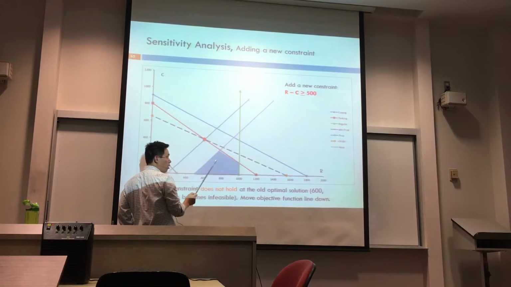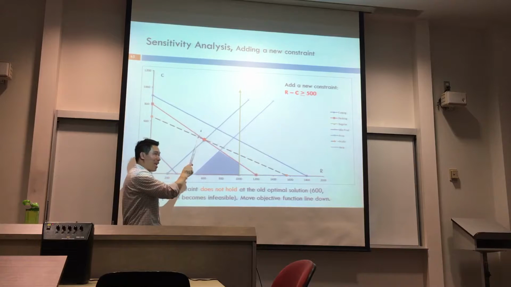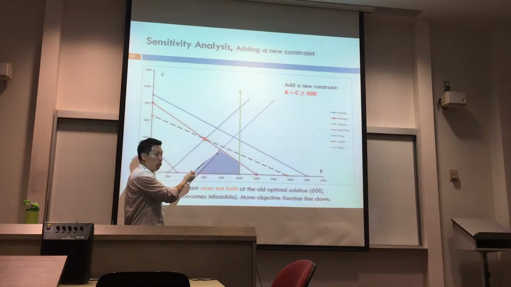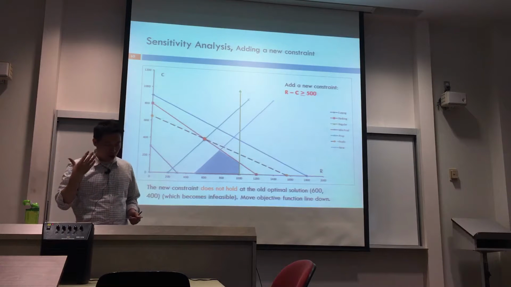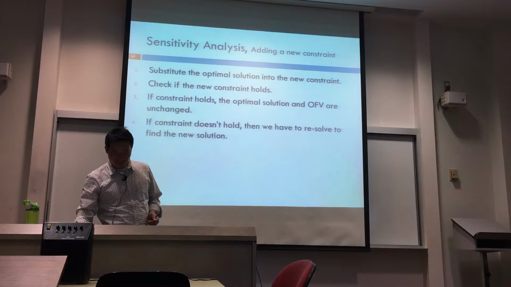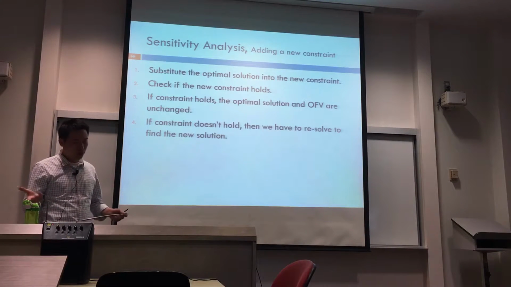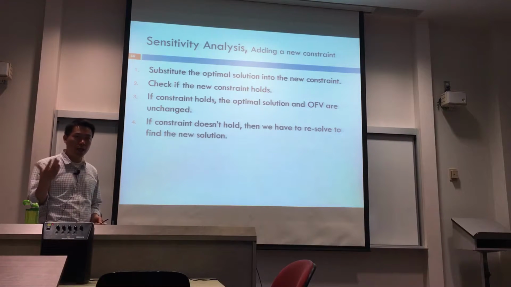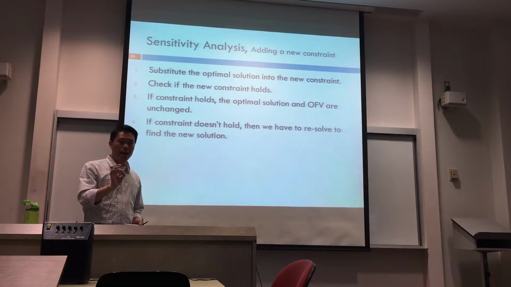So that's the new feasible region. This original optimal is actually not feasible at all, right? So of course, the optimal solution is going to change. So adding a new constraint, you just want to check if the new constraint is satisfied at the original optimal or not. Okay.